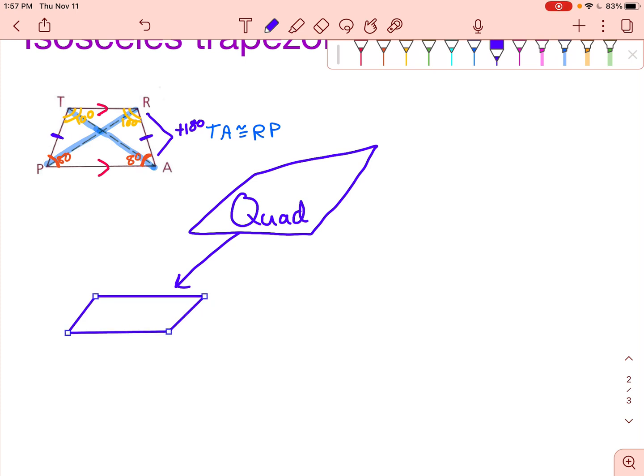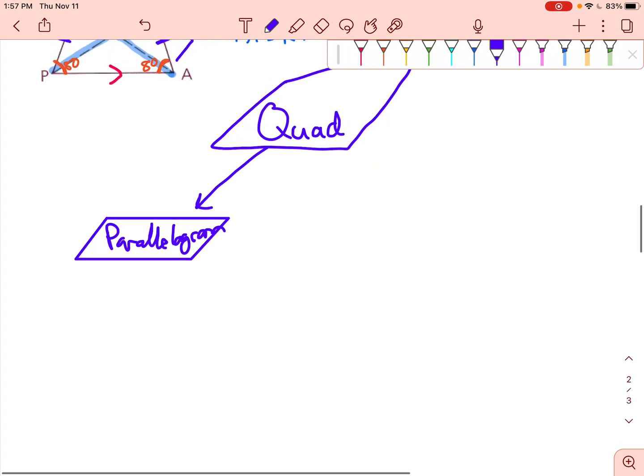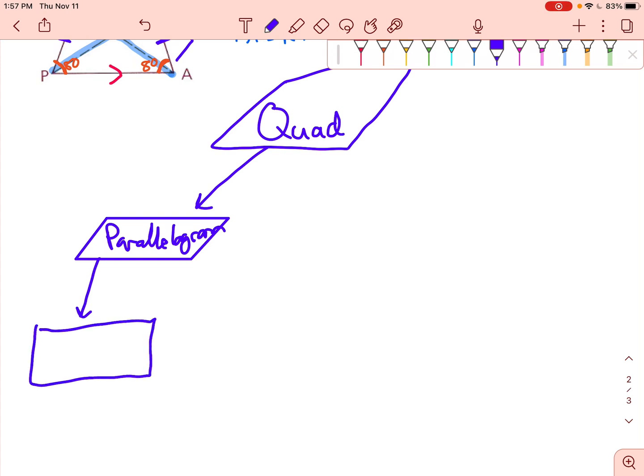Right? So obviously that's not beautiful. Parallelogram. So all of the things that hold true for a parallelogram, if you go back to it, also held true for a rectangle.